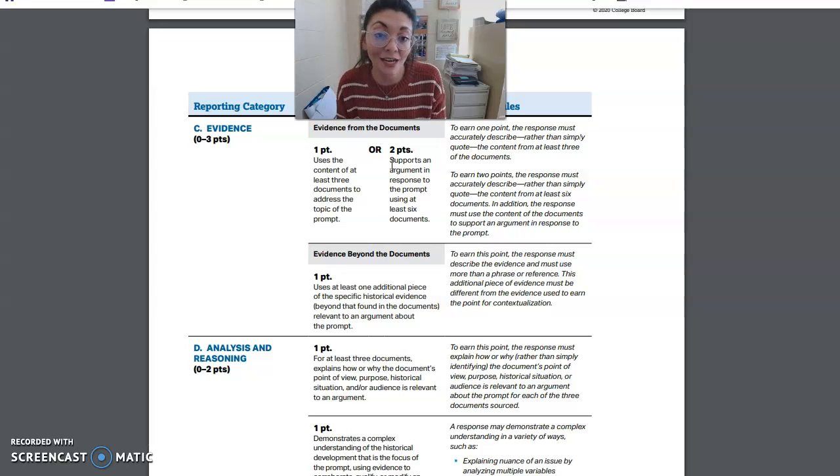So cite the documents, letting the reader, me, know that I'm explaining this document, maybe document A, document H, using that document in support of my thesis statement. So you've got a possible 2 points for explaining the context of 6 documents in support of your thesis statement.